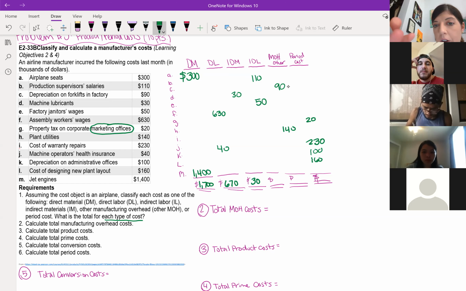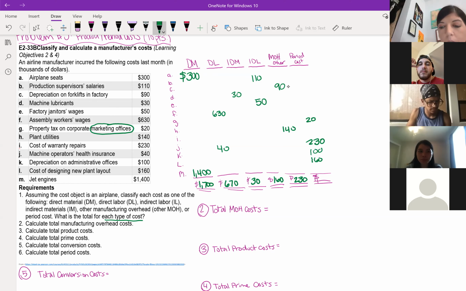Indirect labor was 160. Manufacturing overhead other, 230. And then the last column, you have 4 costs, and what do they total? 510? Yeah. Okay.